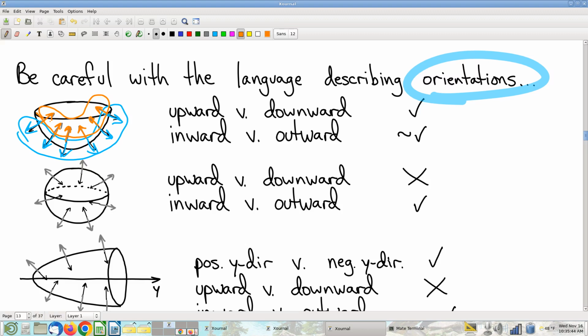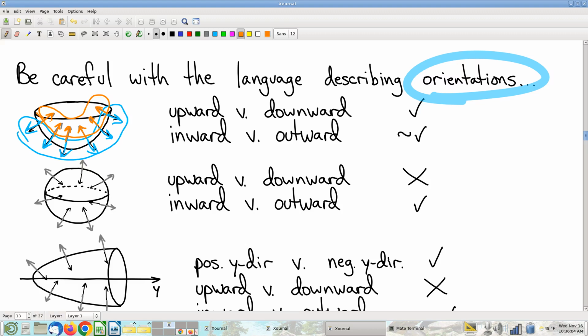My gosh, that's a lot of trouble. Practically always, people are not going to do that. What they're going to say is, look, these are clearly different orientations, and I'm going to choose language that's not going to be exact, it's not going to be precise, but it will unambiguously distinguish between the two possibilities.